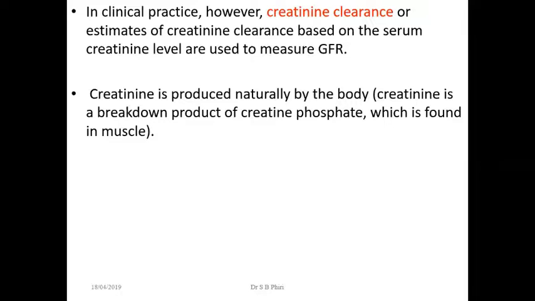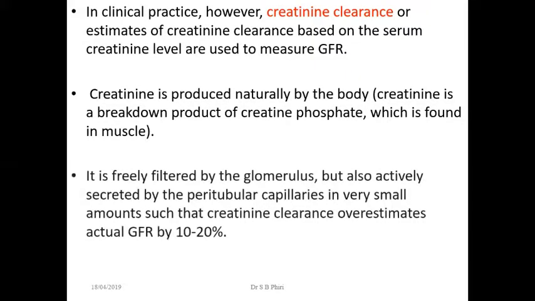So creatinine is a breakdown product of creatine phosphate, which is found in the muscle. Once it has been excreted by the cells, it can be filtered by the kidneys for the excretion of creatinine.